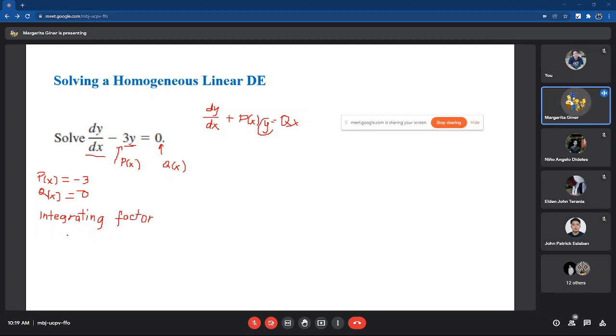Okay? Ang integrating factor, ang formula niya is e raised to the antiderivative of px dx. So, kupyahon ta lang na siyang e. Ang i-substitute lang natin is are. So, the antiderivative of negative 3 dx.